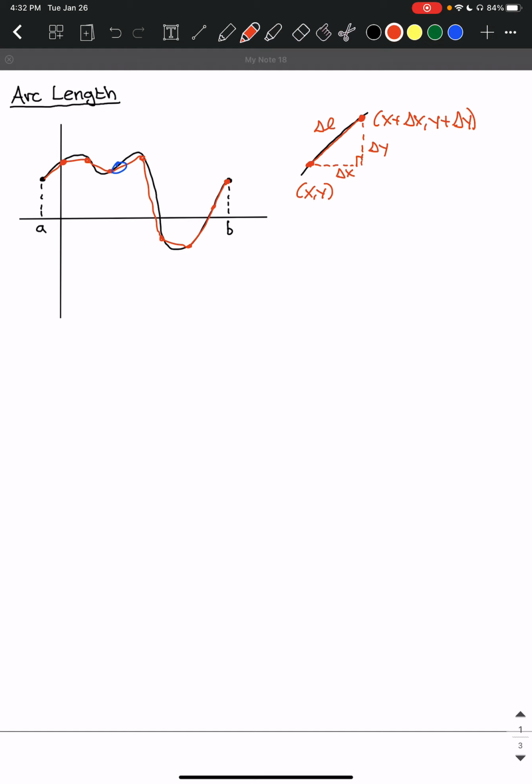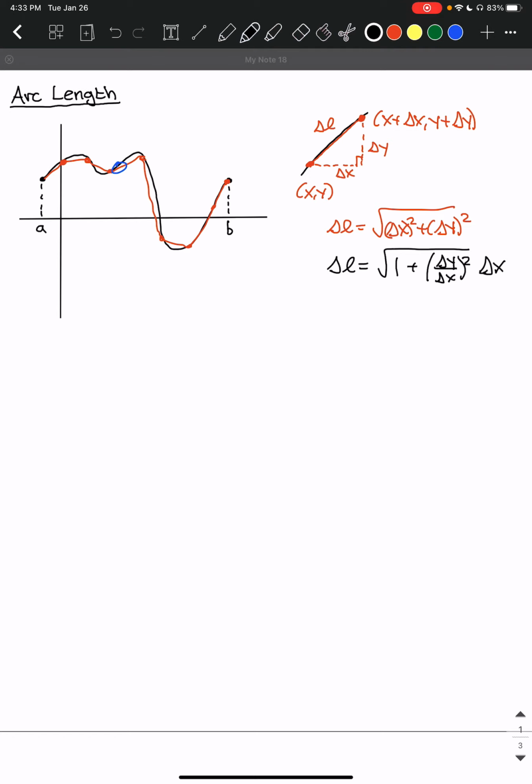Well, the Pythagorean theorem says that delta L is equal to the square root of delta x squared plus delta y squared. And in particular, I can divide out that delta x squared to simplify things. I'll get that delta L is equal to the square root of 1 plus (delta y over delta x) squared times delta x, so that delta x I can factor out, move outside of the square root as a single delta x.